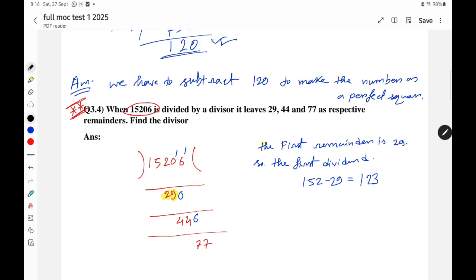So that means there I get 123, we don't know the divisor, don't know the quotient, by we get 123. Then 123 subtract from 152, then we get 29. This is the division method. Then I cut down this 0, and we get 290. From 290 we subtract something and get the 44, the second dividend.